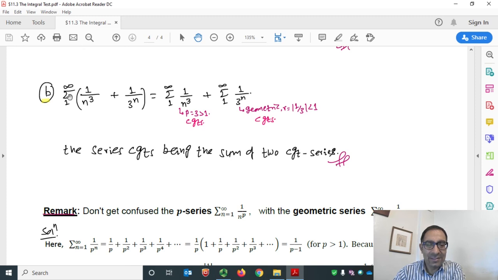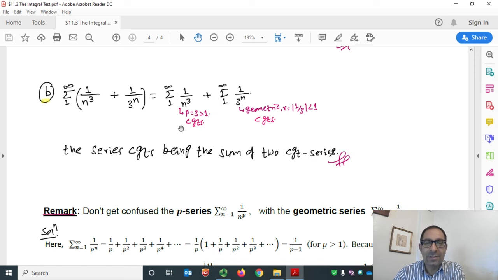The given series is summation n equals 1 to infinity of 1 over n cubed plus 1 over 3 to the power n. Let's rewrite this series. Then we can distribute this summation to each of the terms here. So the first one is summation n equals 1 to infinity of 1 over n cubed, plus summation of 1 over 3 to the n, n equals 1 to infinity.